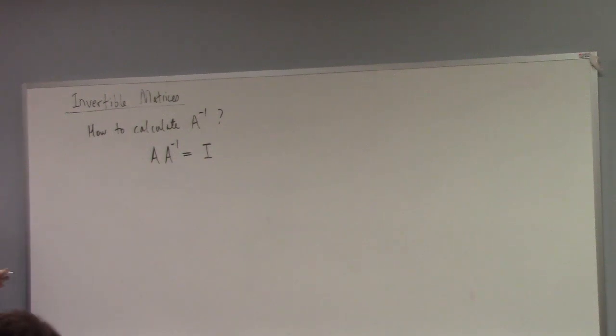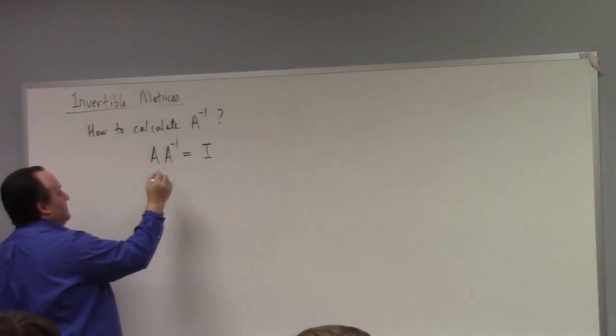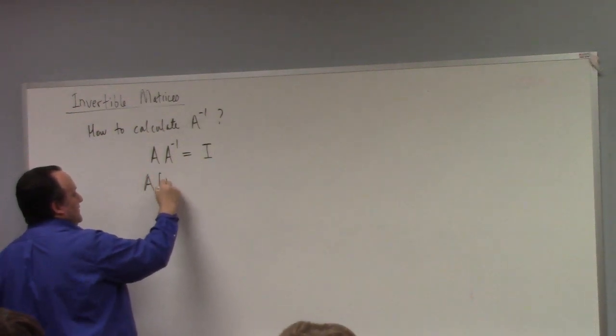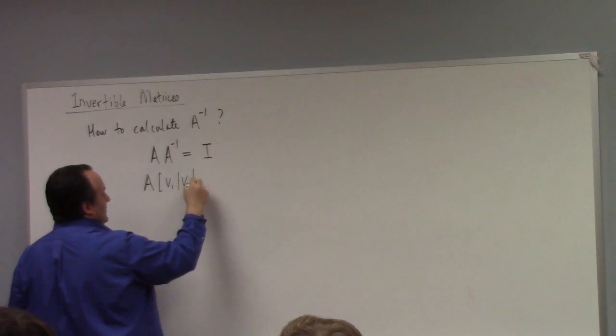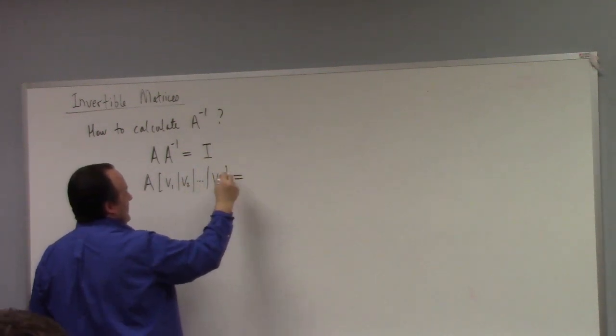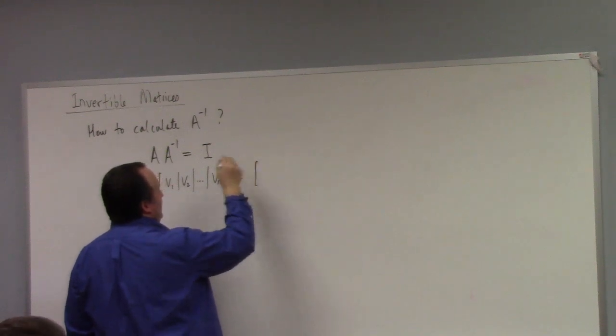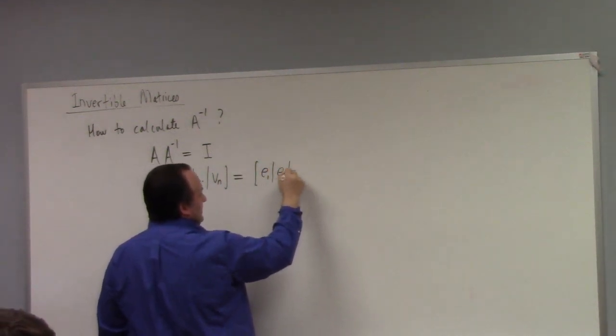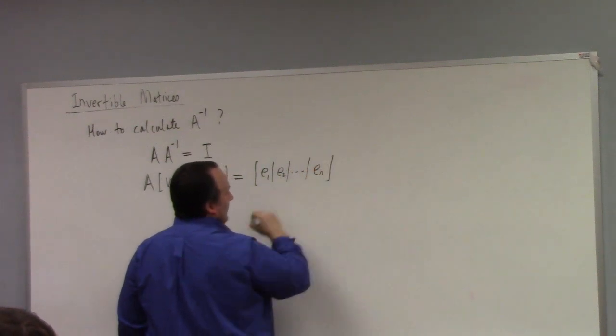Let's think about this problem a little bit more in a different notation. So what we're really looking for is A times [v1, v2, ..., vn] equal to what? I. The identity matrix, notice, is [e1, e2, ..., en].